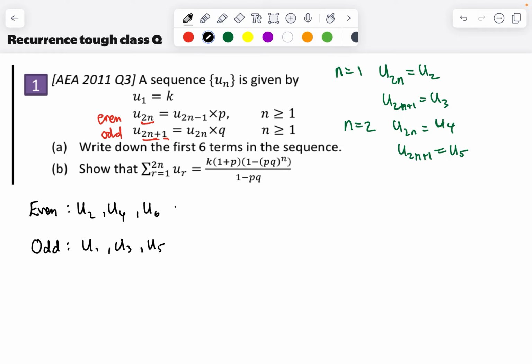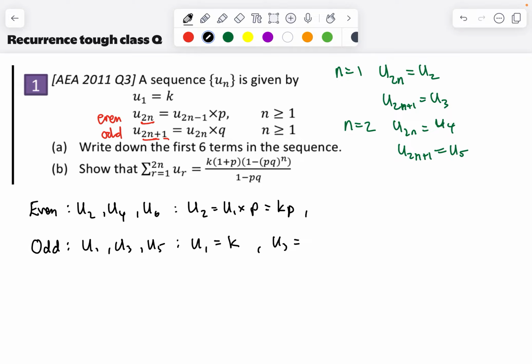Okay, so let's work out what those terms are. If u1 is k, then u2, by our definition, is u1 times p, and u1 was k, so that's kp. Sorry, let's do u1 first. So u1 is k. u2 was kp. u3 is an odd term, which means it is u2n, the even term, times q.